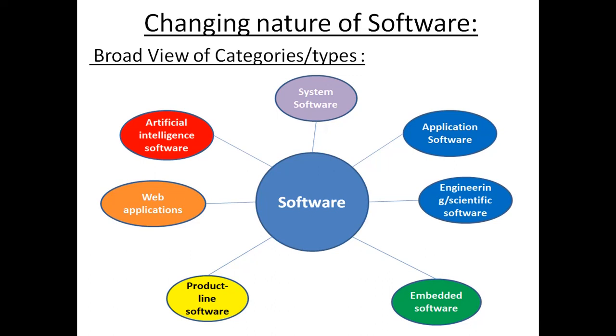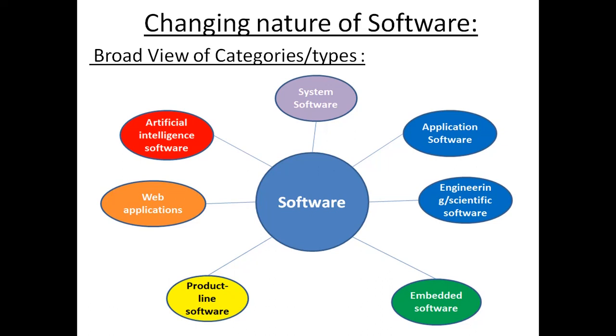So the software used here is product line software, and it is included in artificial intelligence software as well. Let's say that if we want to develop a robot, we require some specific applications that are actually designed for developing robots. So these are nothing but the artificial intelligence software.